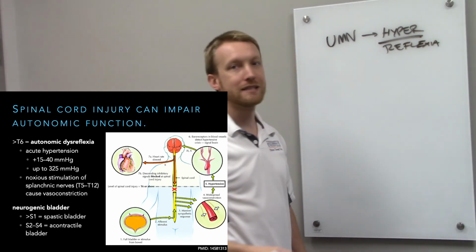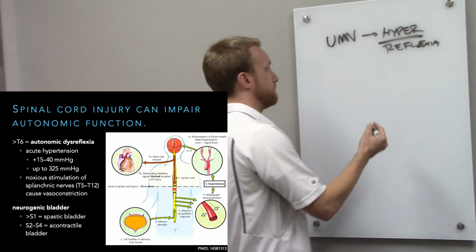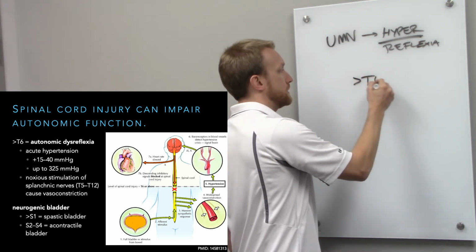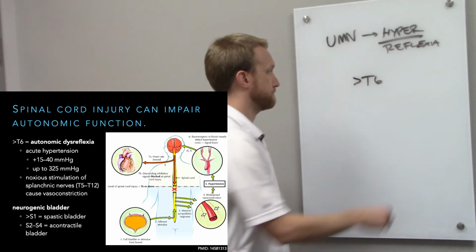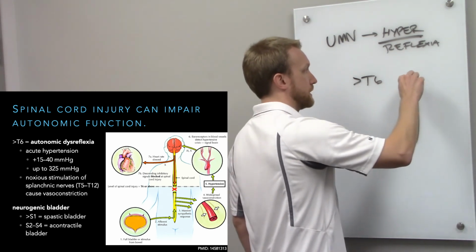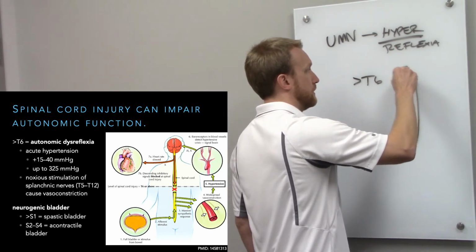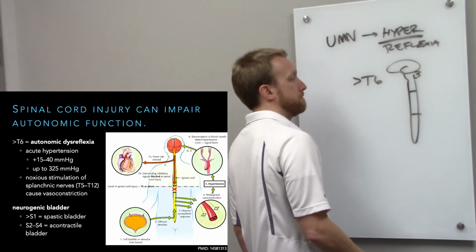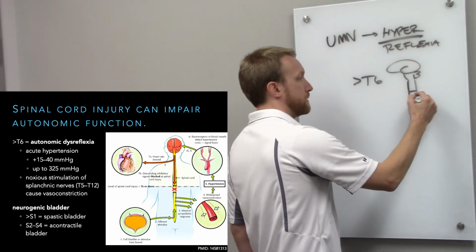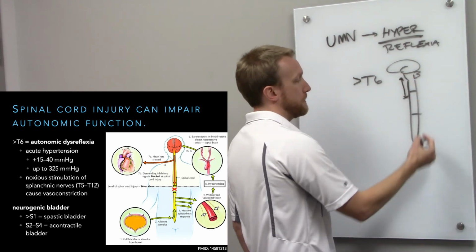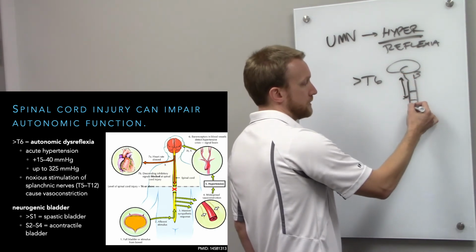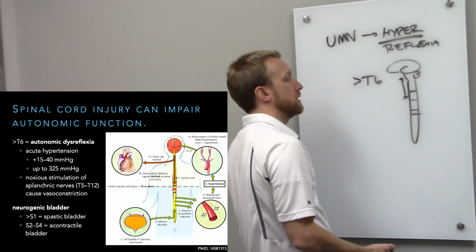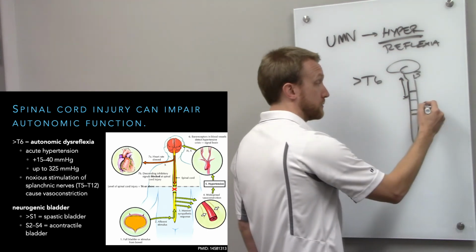So autonomic dysreflexia. When we have damage above T6. Let's not forget our sandwich here. Anywhere T6 and up leaves the nerves that innervate the GI tract, so that form the splanchnic nerve.